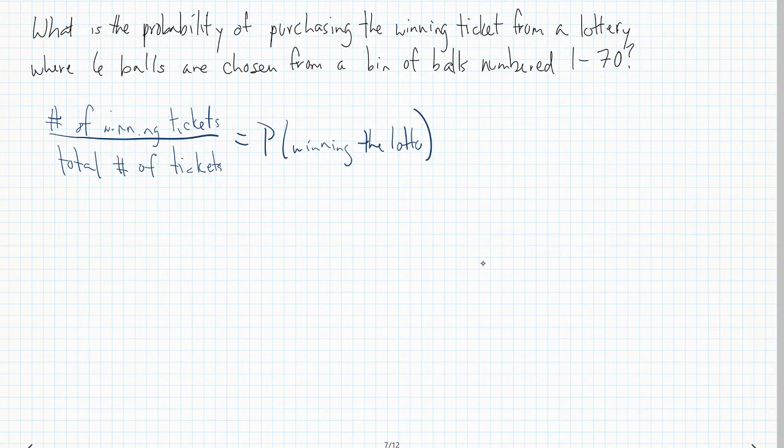Okay, so keeping that in mind, what's actually happening here? Well, how many winning tickets are there? If there's 6 balls, you have to get all 6 correct. So there's only actually 1 winning lottery ticket. Doesn't mean multiple people can't choose that winning lottery ticket, but only 1 winning lottery ticket. So now, the fun part, what's the total number of tickets, right? Well, remember we said order is not important on that number of lotto balls.